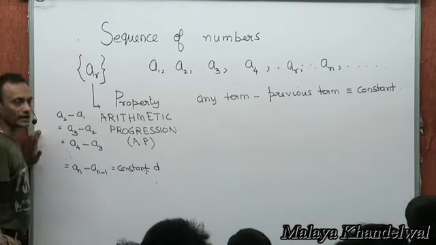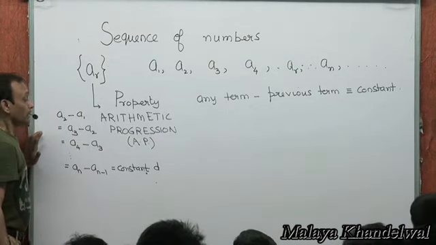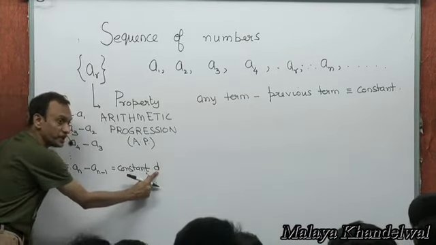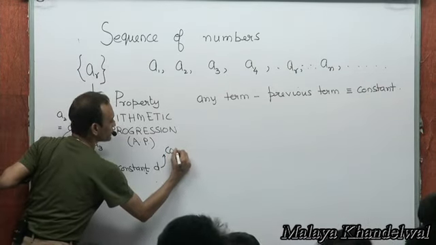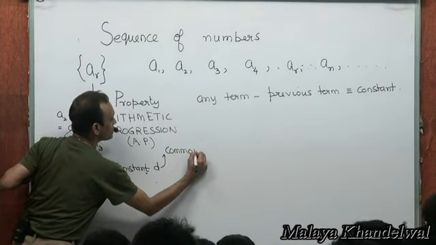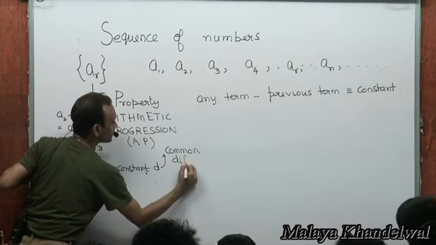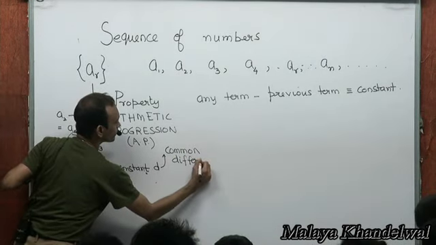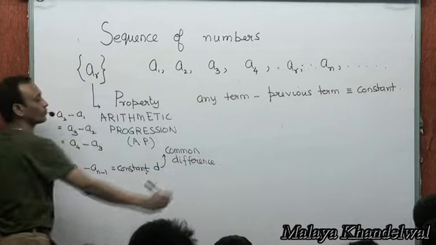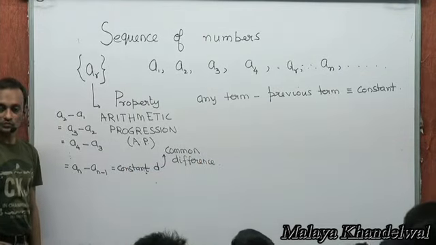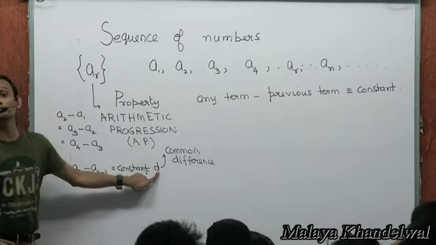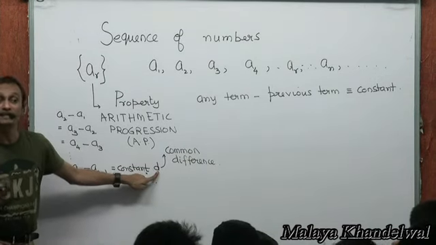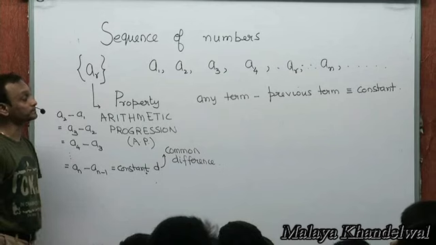And this constant D is called the common difference of the AP. This D can be a positive number or it can be a negative number, right?